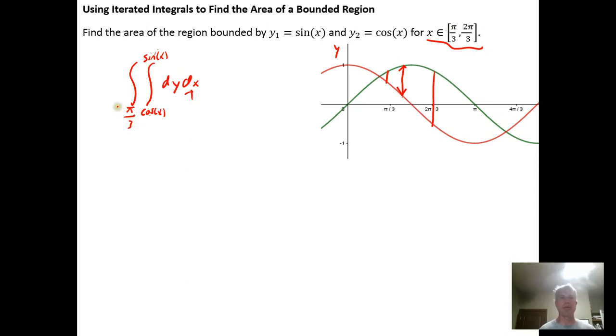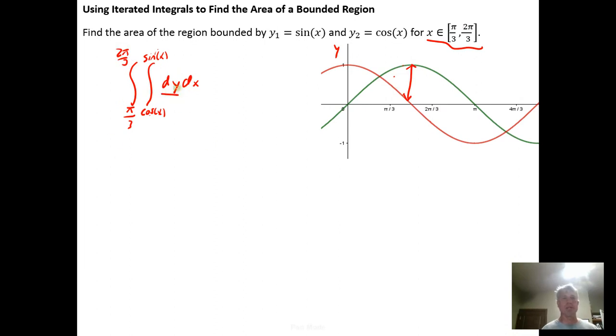So we'll integrate from pi over 3 to 2 pi over 3 in the x direction. Key is the interval that we're interested in. Cosine is below the sine, so we're able to run from the cosine up to the sine for our bounds of integration. And now it's just a matter of working this through.